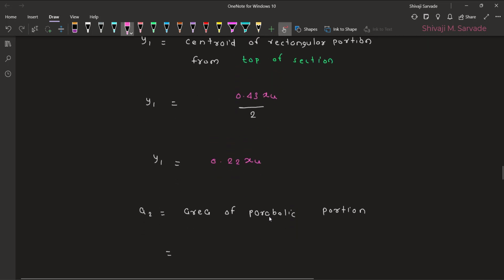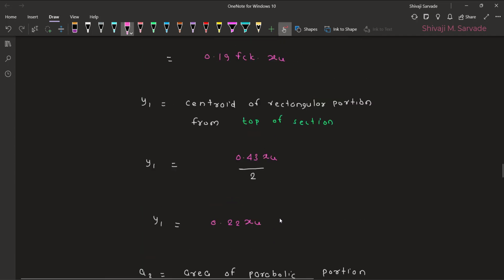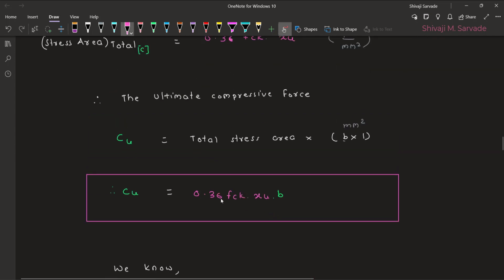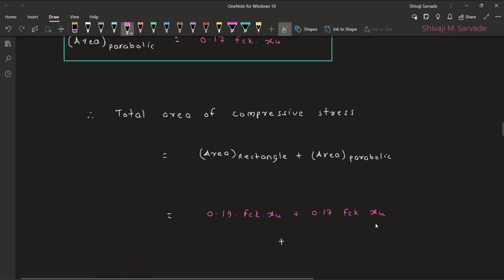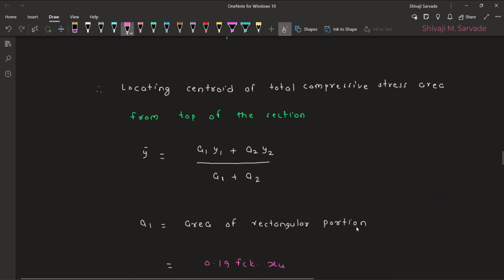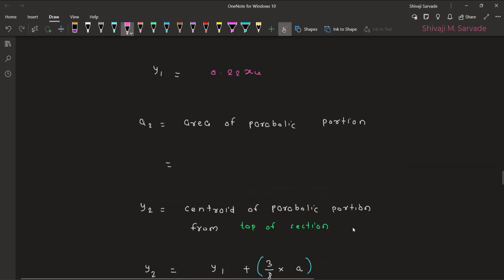Now what is A2? A2 is the area of the parabolic portion. We already know it is 0.17 into FCK into XU. So let's put this down: A2 is 0.17 into FCK into XU. Now we also need to know Y2, the centroid of the parabolic portion from the top of the section.